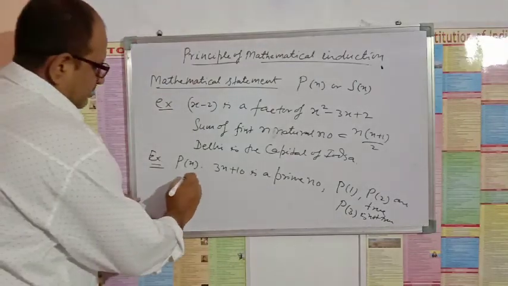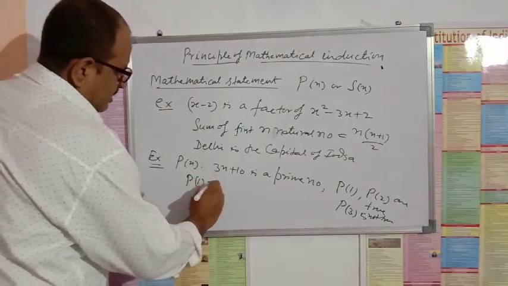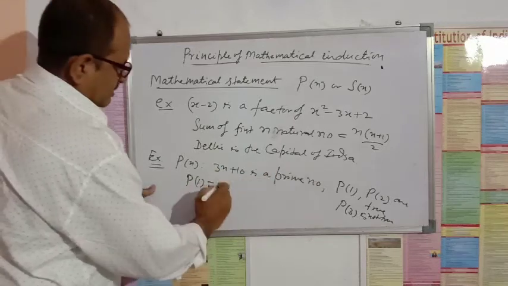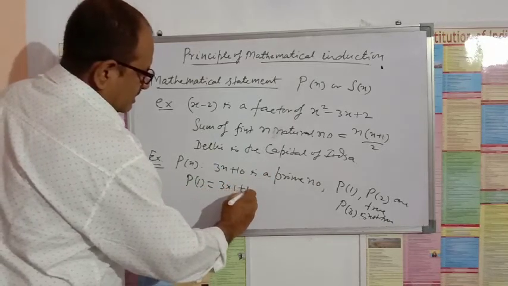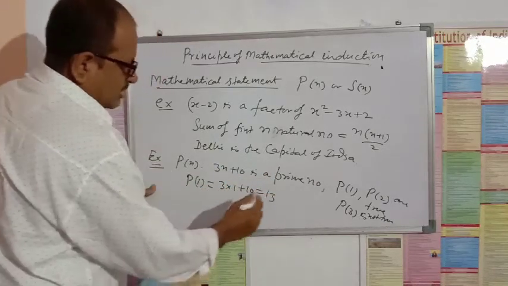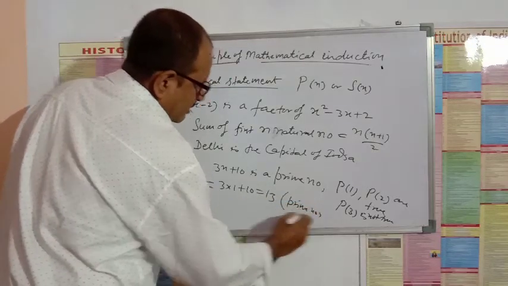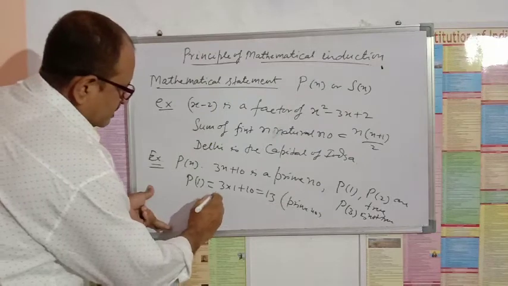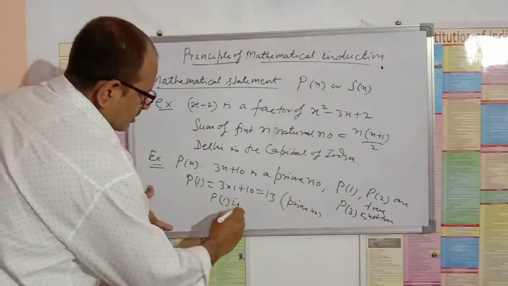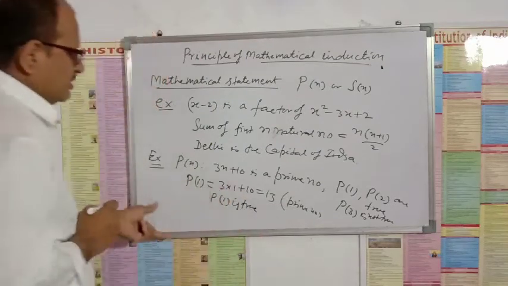So find P1. In place of n, put 1. So 3 into 1 plus 10 is 13. 13 is a prime number, so P1 is true.